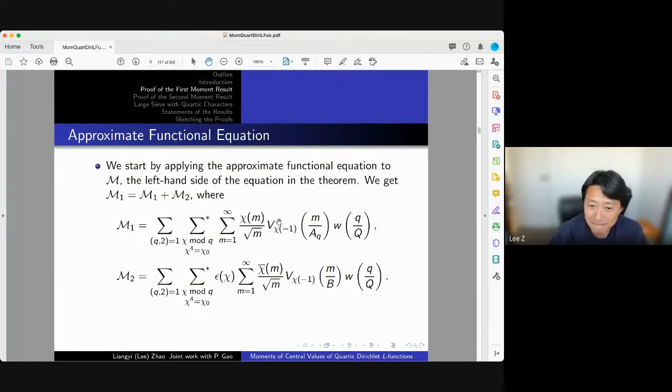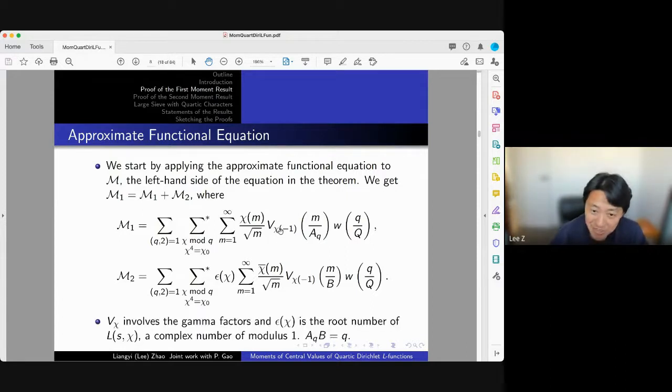Remember, this chi comes from before. This W weight function comes from before. What is this V here? Well, this V has some gamma factors. If you're familiar with the subject, this is pretty standard.